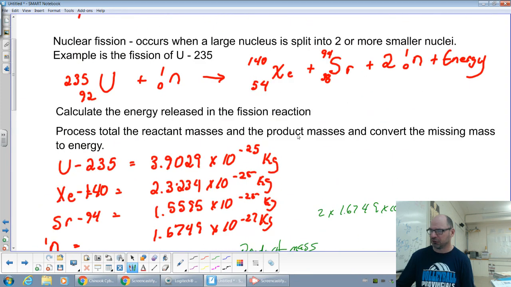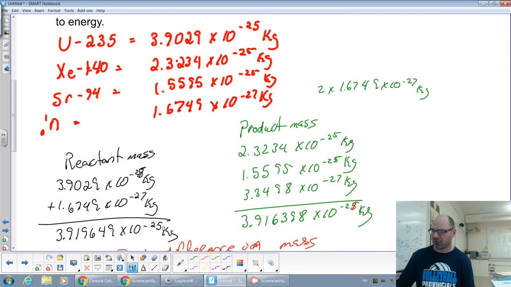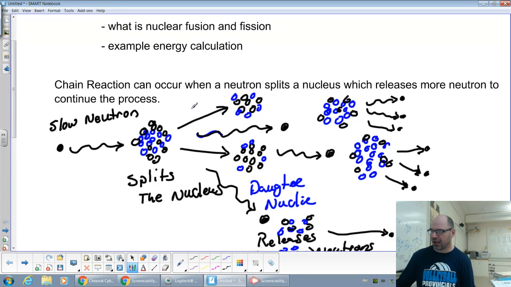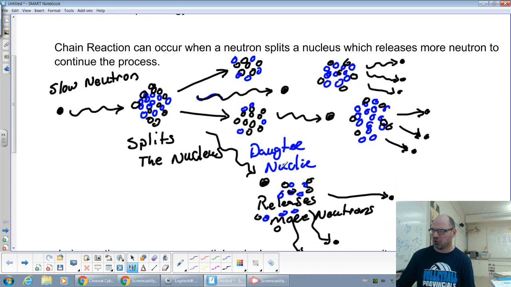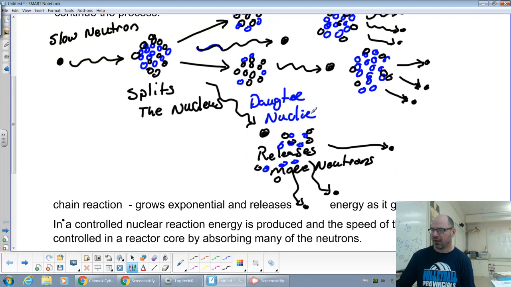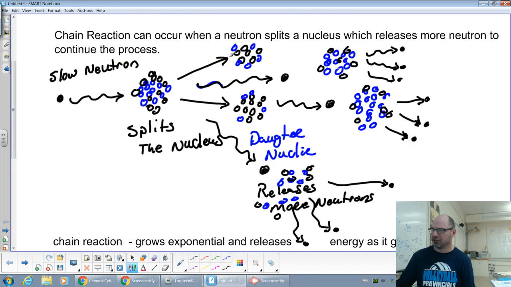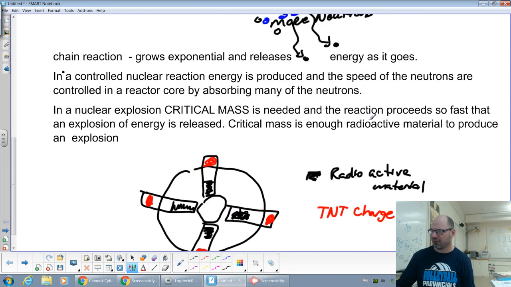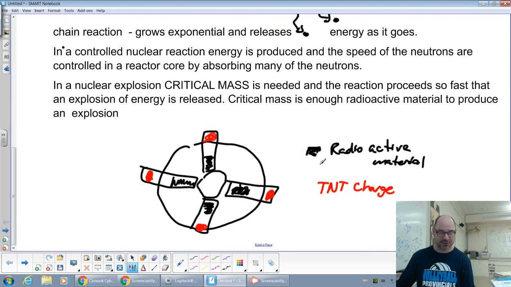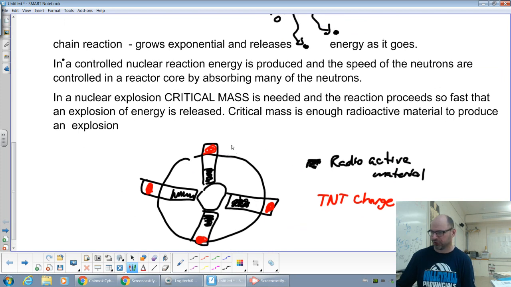So that's fission and fusion. And then of course, if we go back to the beginning, the chain reaction is where you have a slow neutron splitting a nucleus and then releasing more neutrons, getting exponential growth, and each of these is releasing more and more energy. If you have critical mass, this occurs instantaneously or really quickly, and that's when you get the explosion.